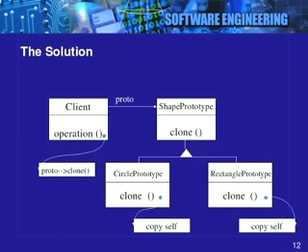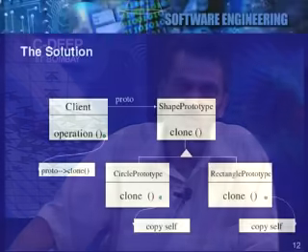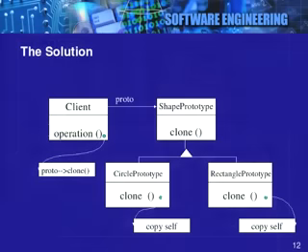The client code does not need to be aware of the exact type of the object, whether it's a rectangle or a circle, when it's asking for a clone. So what happens here is that when you click on the mouse, the object handle is returned to you, and on that object handle you simply invoke this clone operation, and the clone operation gives you in return a clone of the object that you have selected.